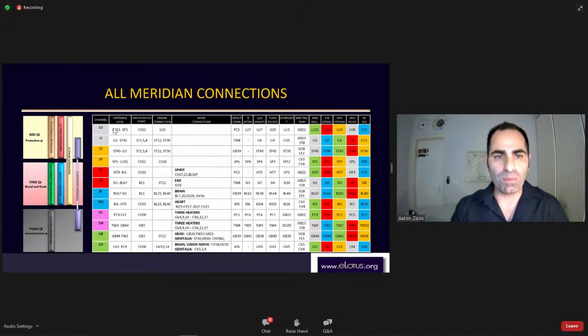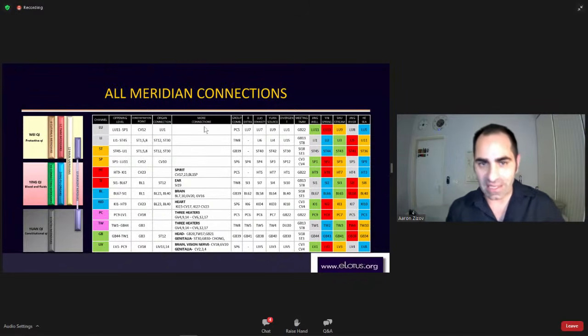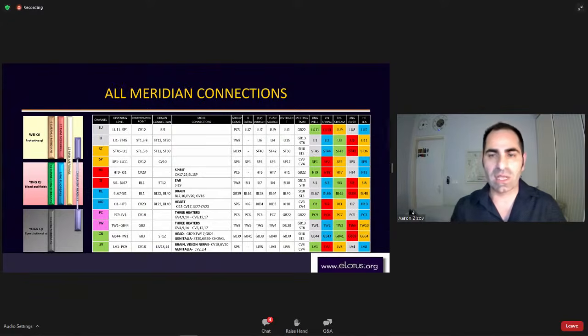So every channel with the opening, how to open the level, concentration point, organ connection, more connection in case there are any, group combination, which I just mentioned on the last slide, connection to the 8 extra meridians, Luo, Yuan source, divergent, meeting, TMM, and the 5 element points, according to the condition of the disease or the problem. Okay, so after we go through all the meridians, it will be easier to understand this table.